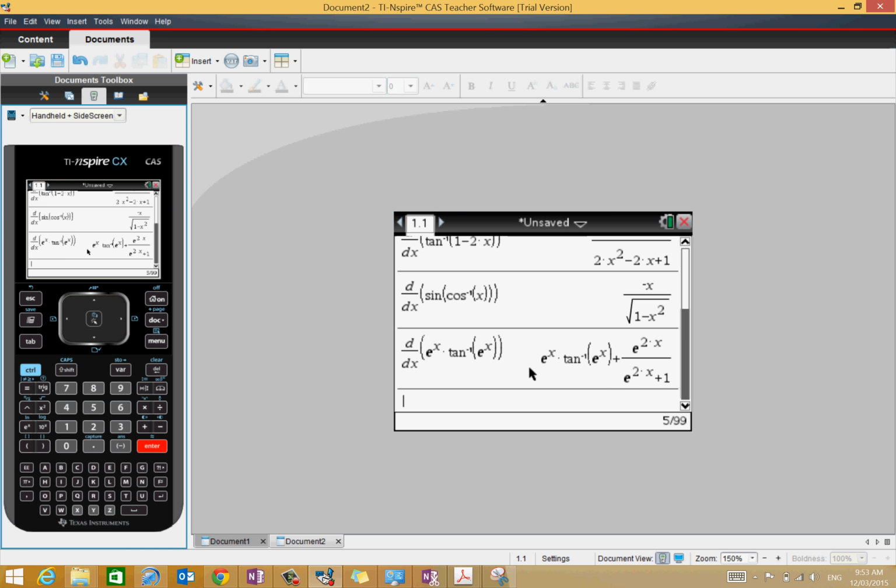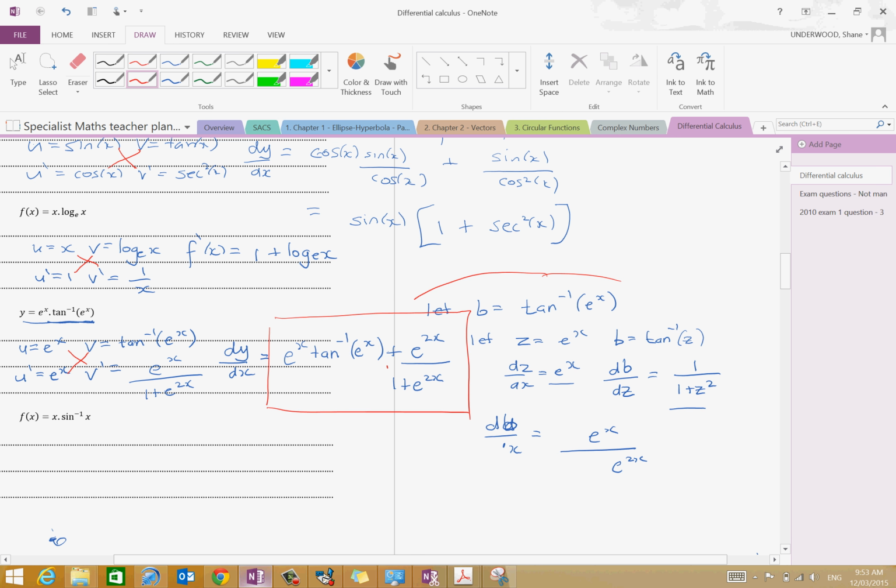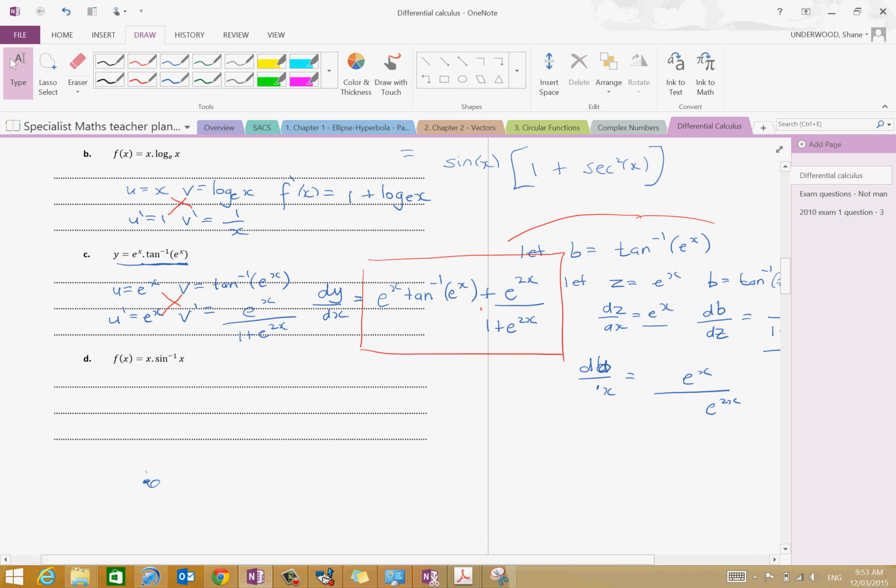So it's got e to the x inverse tan e to the x plus e to the 2x on e to the 2x plus 1. Is that the form we had? Okay. Good.